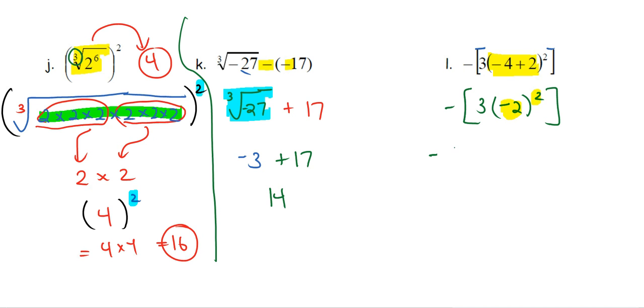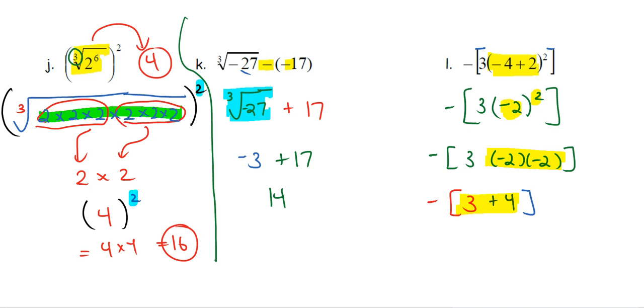So that's the same thing as negative 2 times negative 2. And negative 2 times negative 2, that's going to be positive 4. Alright, and then what you do next is you want to simplify this bracket here. 3 plus 4, that's going to be 7. And then you have this negative number on the outside that kind of carries forward here. So your final answer here is going to be negative 7.